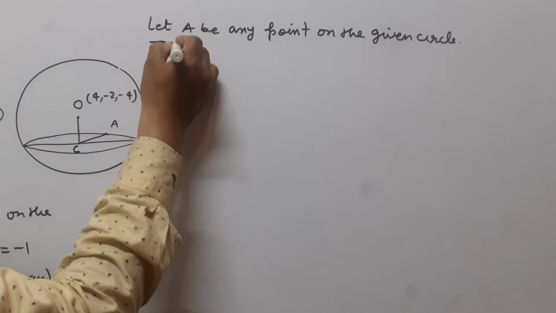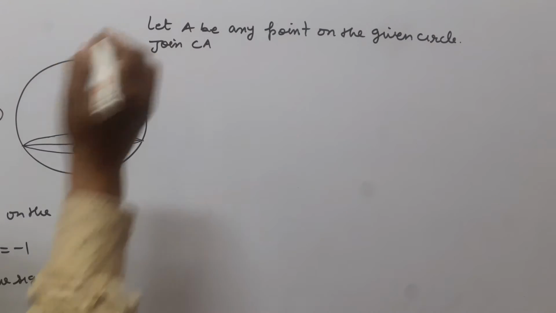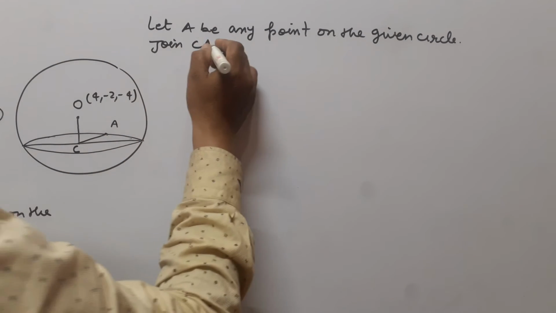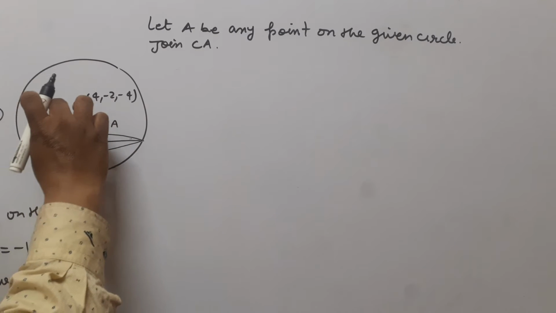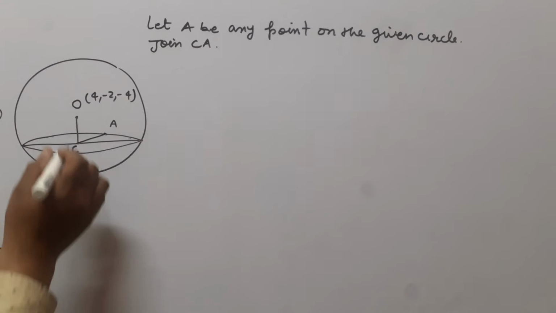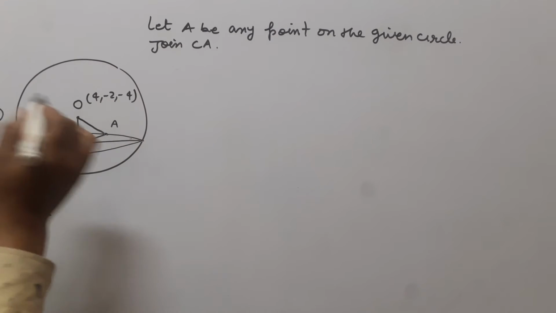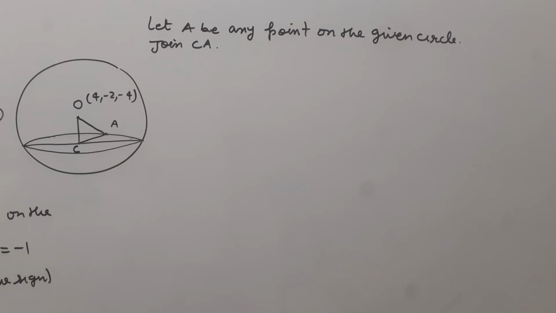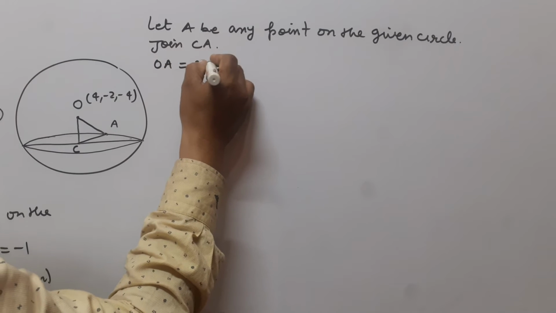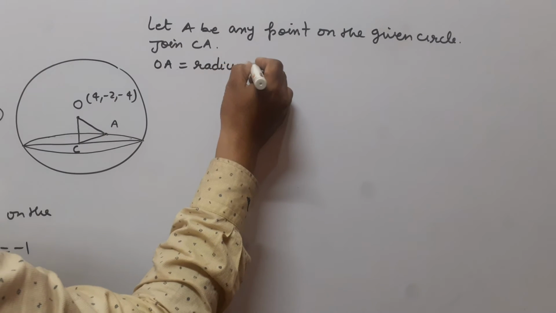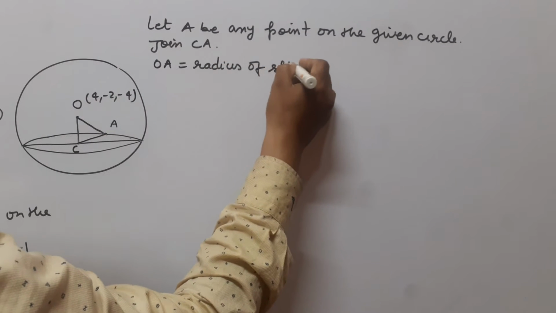Join CA. We can see here, join CA. This CA is perpendicular to OC, and this OA is the radius of the sphere. So first we find here OA, this is the radius of the sphere.